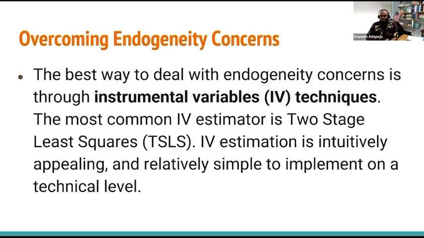So we know endogeneity is going to be a problem. If you disregard it and estimate the slope parameter, that slope parameter will be inconsistent. Of course, we all know the properties of a good estimator: unbiasedness, efficiency and consistency.